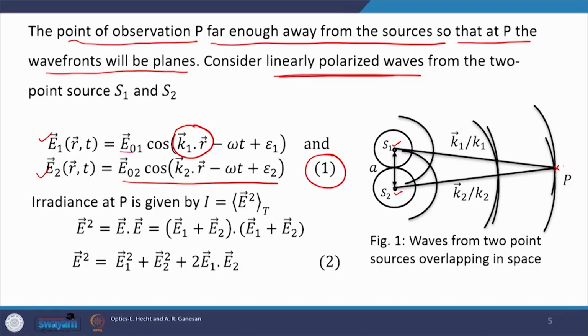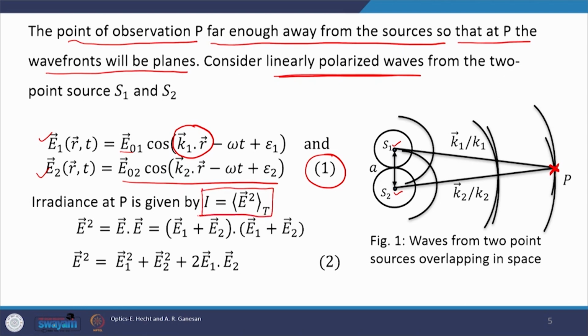Now, if we want to calculate the resultant disturbance at point P, the point of observation, then what will we have to do? We will have to sum E1 and E2 and then square this expression, and the resultant will give the total disturbance or total irradiance at point P. And this is what is shown in this expression.